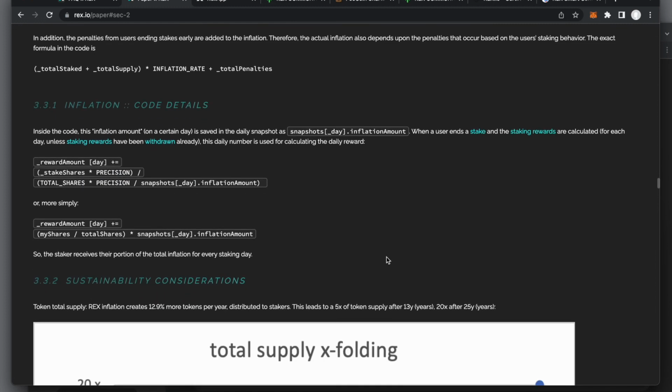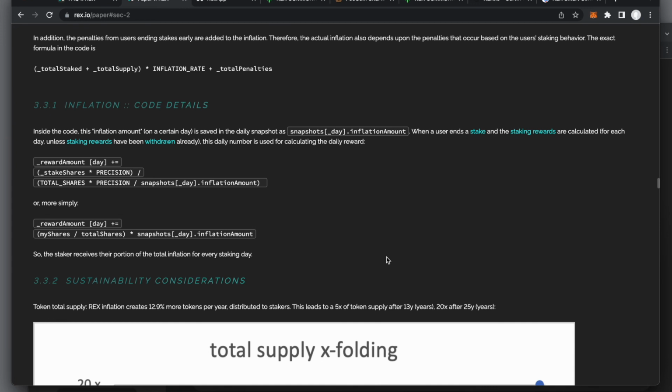Next, we have more code details for inflation. Inside the code, this inflation amount on a certain day is saved in the daily snapshot as a snapshot, the day number and the inflation amount. When a user ends their stake and the staking rewards are calculated for each day, unless staking rewards have been withdrawn already, this daily number is used for calculating your daily reward.